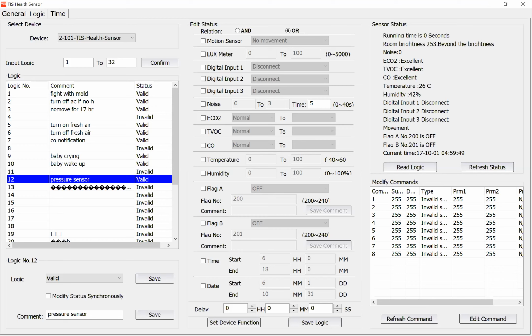You can install the health sensor, for example, in the hospital. You can even install the health sensor in the house to avoid people dying because of the silent killer. And you know the silent killer is CO.